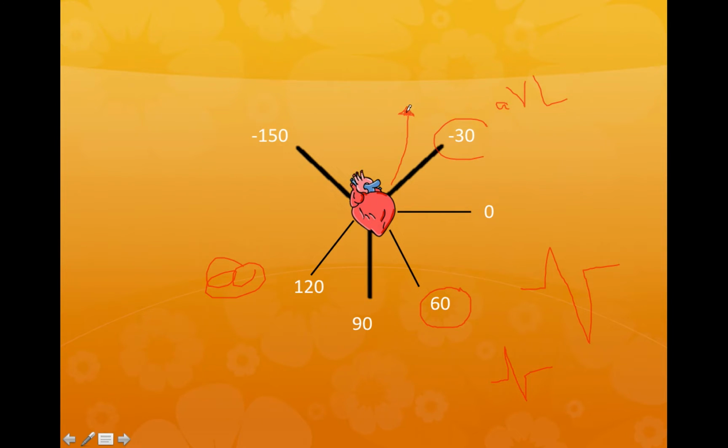If we wanted to, we could make a guess and say that maybe it's at -45. But really what we can say is that the axis is up in this direction. It's greater than -30, and therefore there is left axis deviation.